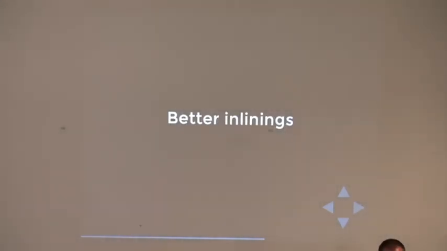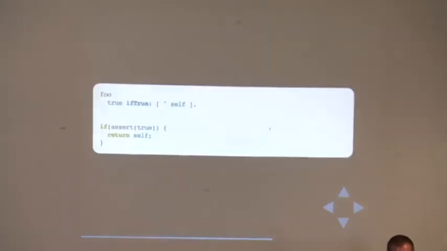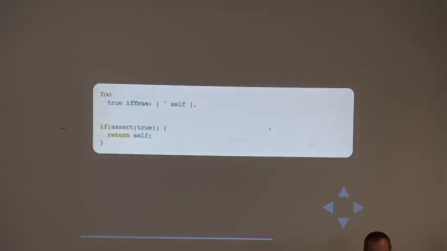About the better inlinings, I want to show you a couple of slides. I don't have much, and it's the only technical slides I have. It's not that technical, but anyway. So on the top, you see the Smalltalk code, and on the bottom, you see the JavaScript code that is produced by the compiler. So here on the top, you have a method, very simple, true if true, return self. The problem with that is, first it creates a context, so there is a closure that is created, and then there is a non-local return.